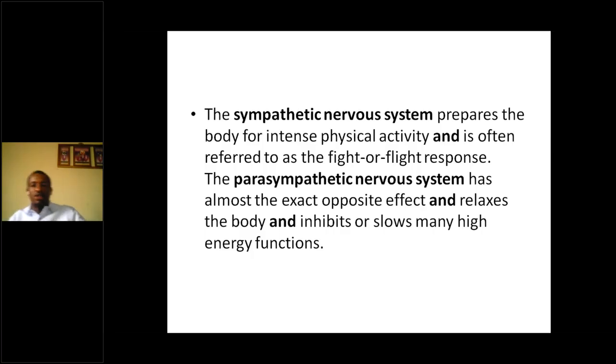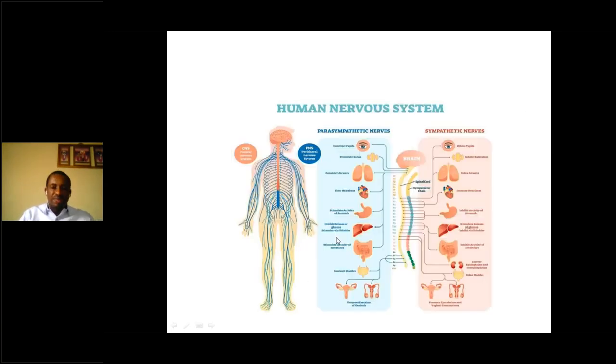The parasympathetic nervous system has almost the exact opposite effect and relaxes the body. So when you tell somebody, calm down, calm down, calm down, and the person agrees to calm down, this is what happens. All the system to calm the person down, the hormones, the electrochemical coordination, they will all pass through the parasympathetic system.